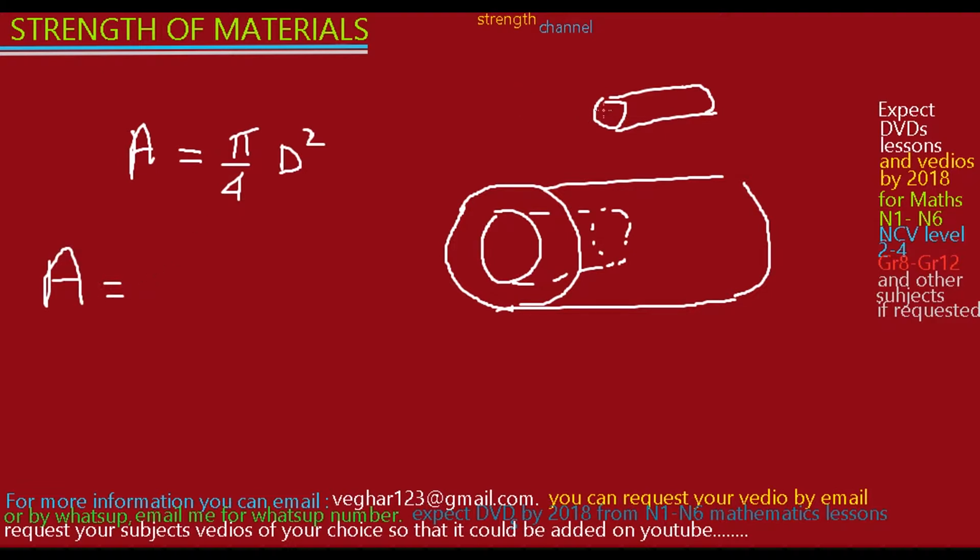So the area for this one is this. The area for this one is this. So you have something like this, and the inner radius.